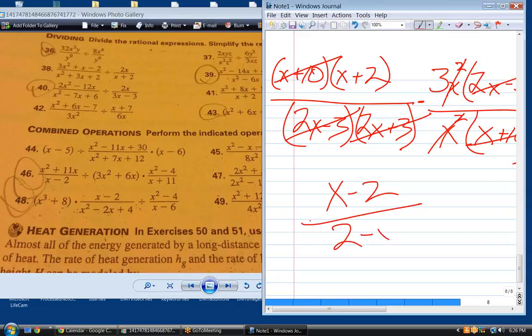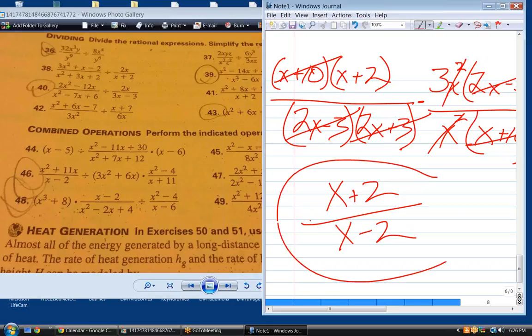As long as it's 2 minus x, I can cancel that and make it negative 1. If it's something like x plus 2, can't do anything with that. That's the final answer. The only time you can do it is if subtraction's going on and the other is just the reverse. If it was 2 minus x, that's equal to minus 1.